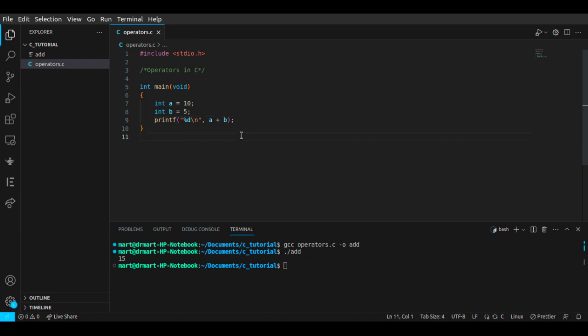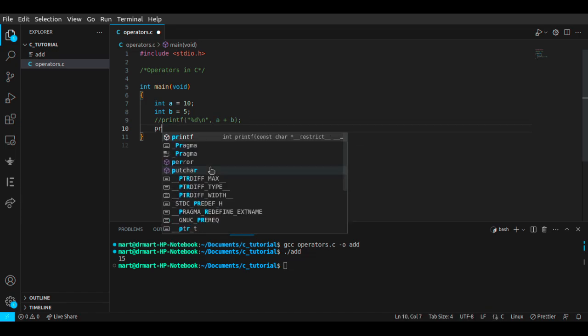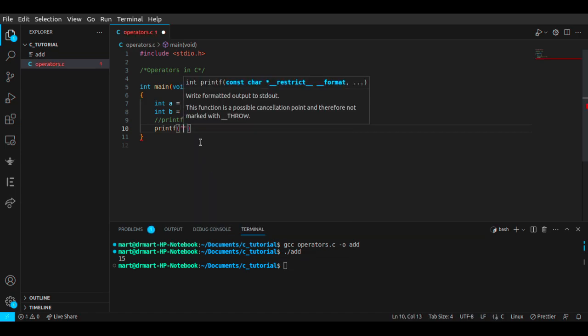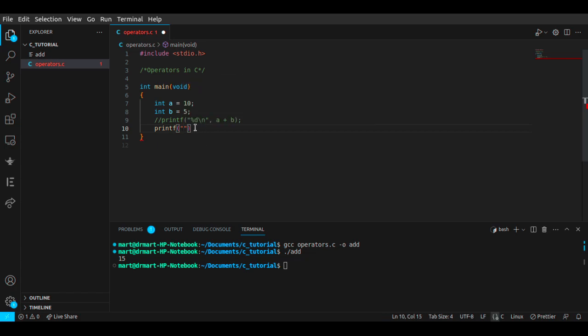Then I can comment this out. Sorry. And then let me have a new line with printf, still dealing with integers, so %d and a new line character.